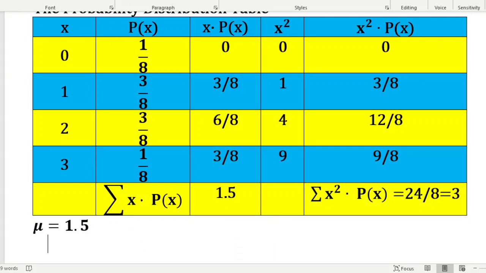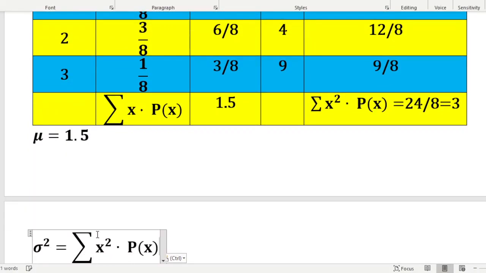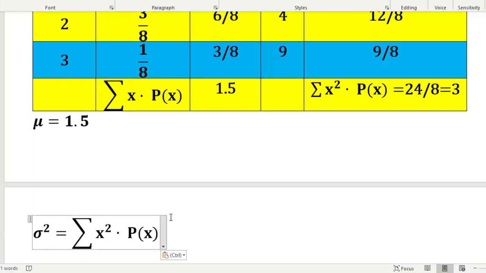Now, to solve for the variance, which is denoted by sigma squared, lowercase sigma and then squared, is equal to the summation, this one, minus the mean, or the square of the mean.